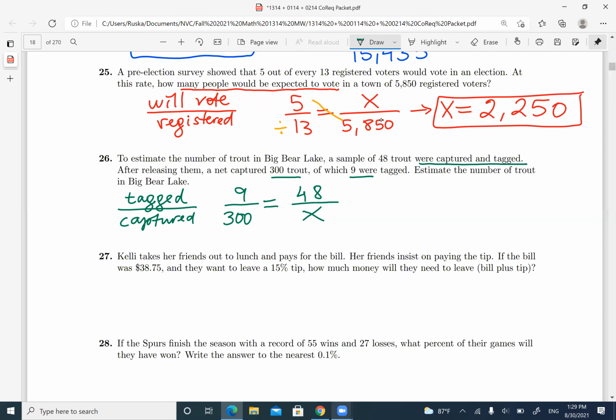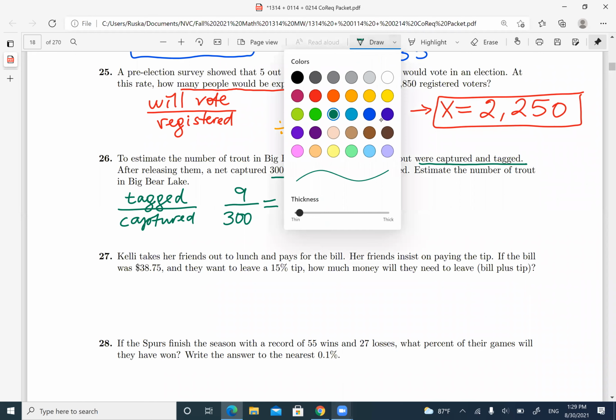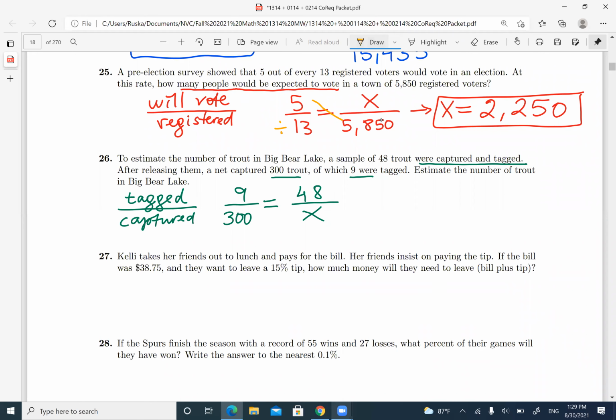So we're gonna solve for X. How do you solve for X? You're gonna do the same. You're gonna cross multiply, so multiplying those two numbers, and you're gonna divide by the number across from X, 9. Somebody give me the answer already. Yes, that's correct.